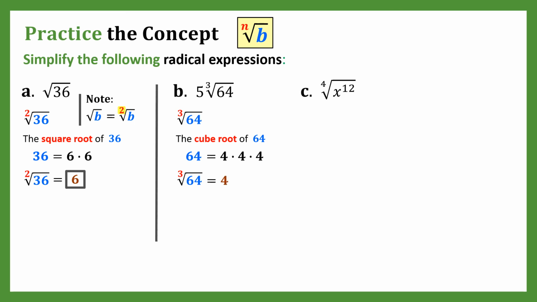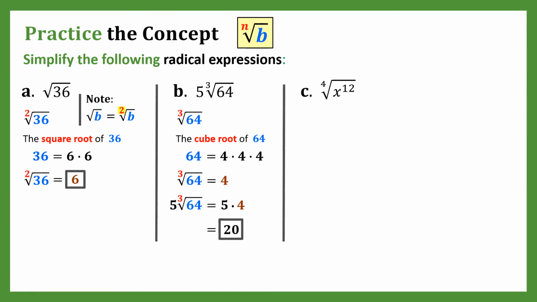Now, going back to our given example, which is 5 times the cube root of 64, we now know this equals 5 times 4, which equals the value of 20. And this is the result of our second example.